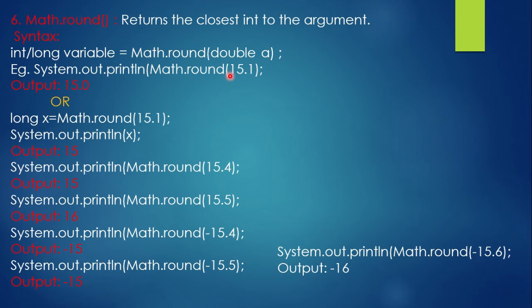Remember this. After that, the numbers will be rounded off to the next integer. Now let us see another example. Math.round 15.6 and minus 15.6. Then your answer will be 16 and minus 16 over here.